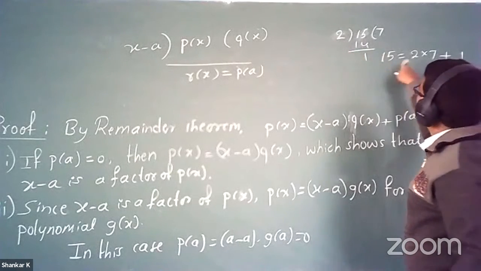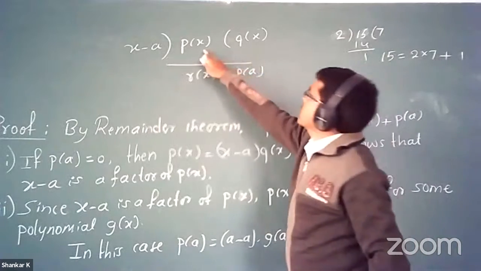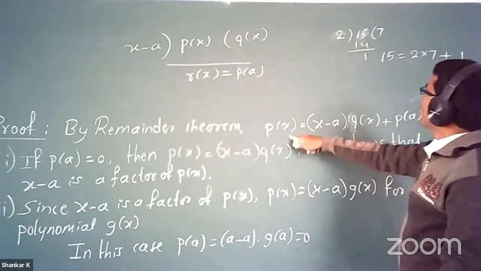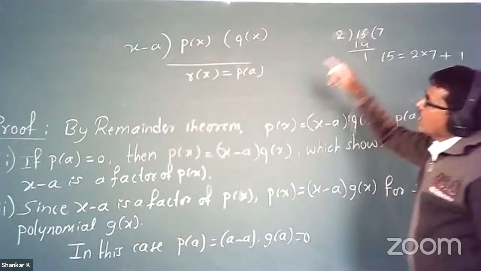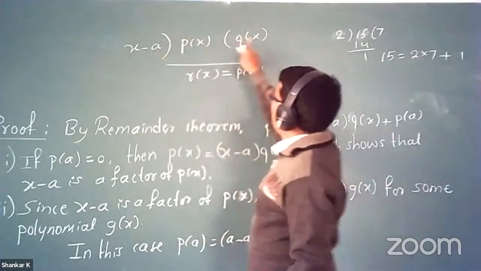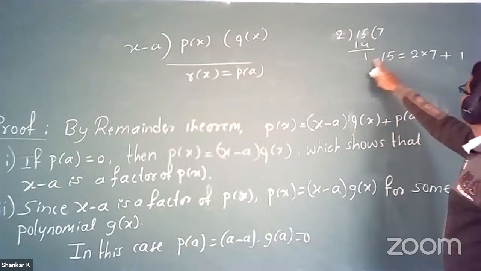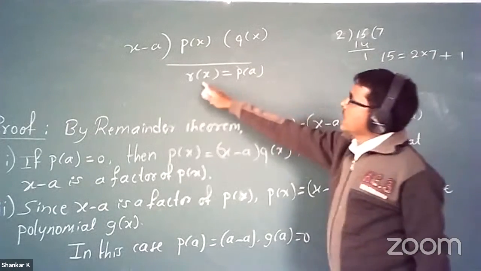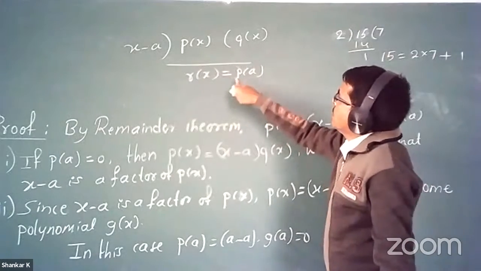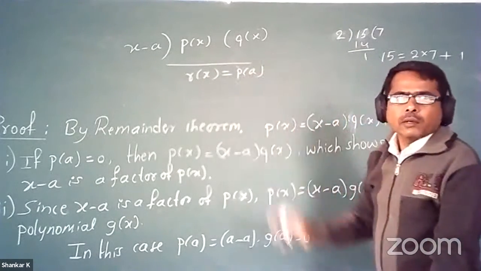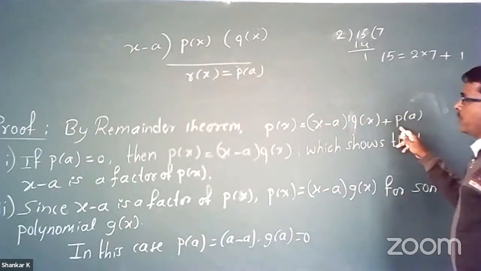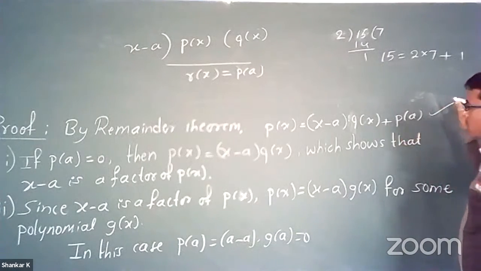So this way only we have written here: P of x equal to x minus a into q of x, and the remainder we have to add. The remainder is r of x, but r of x is given by P of a by the remainder theorem. Therefore, we can write P of a. This is the first statement.